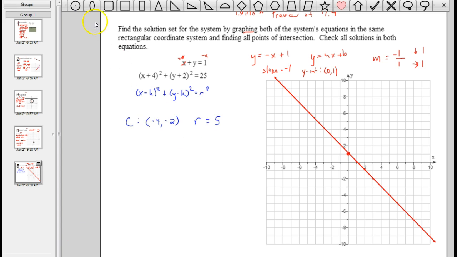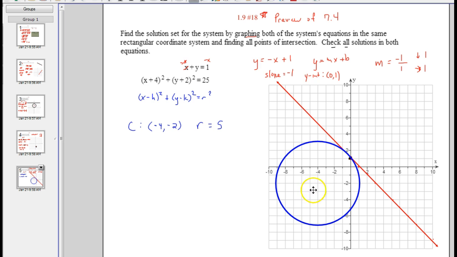Alright, I switched. I've decided to do the circle in blue. The center is negative 4, negative 2, so there's negative 4, there's negative 2. And then the radius was 5, so from there I just counted over 1, 2, 3, 4, 5. I made that circle.